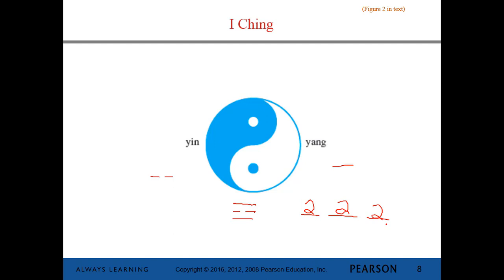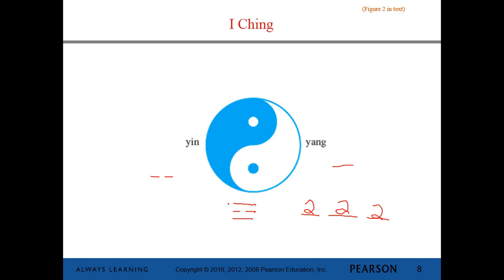Now, the trigrams are grouped together, one on top of another, in pairs known as hexagrams. So I could take 2 of these and stack them as pairs on top of each other. And each of those hexagrams represents one aspect of the I Ching philosophy. So how many hexagrams are there?